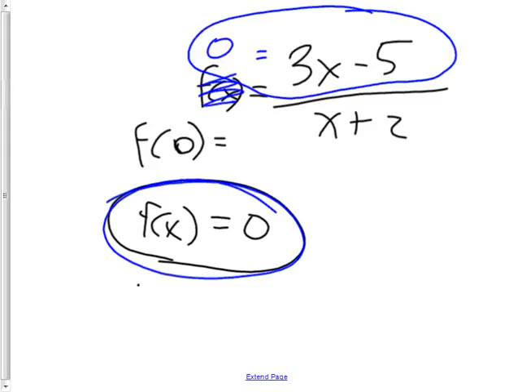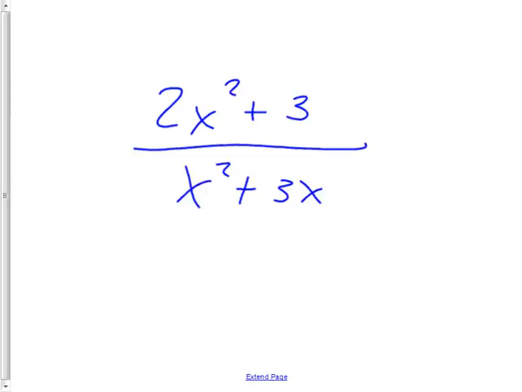Okay? Give you another one like that. If I want to know when this thing equals 0, it's f of x, and I said f of x equal to 0, then do you get I don't even care about the bottom? I know it feels weird, but if the top was 0, it wouldn't matter what the bottom was, would it? If the top was 0, 0 divided by anything is still going to be 0.